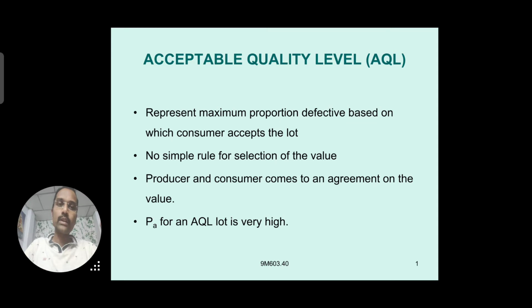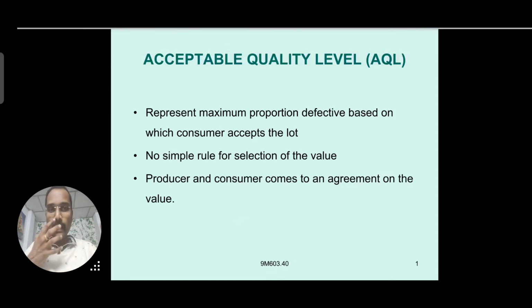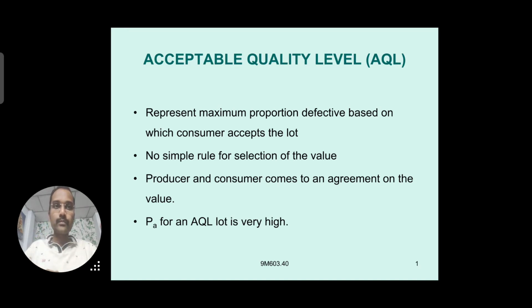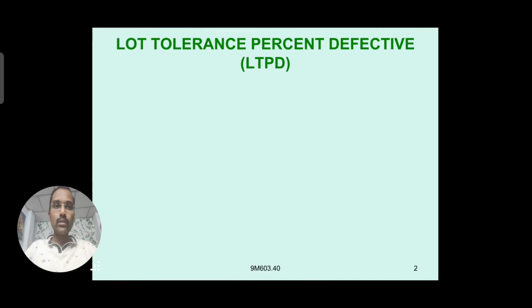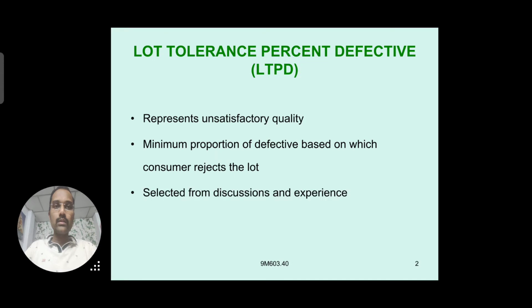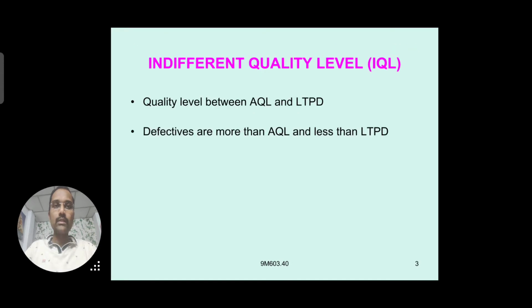Whereas if it is more than 4%, you can consider there are many defectives, so the quality of the product is inferior. So like that you can consider. This is regarding the acceptable quality level, where the probability of acceptance is very high. Okay, and so moving to the ideal OC curve, we will discuss all these things.